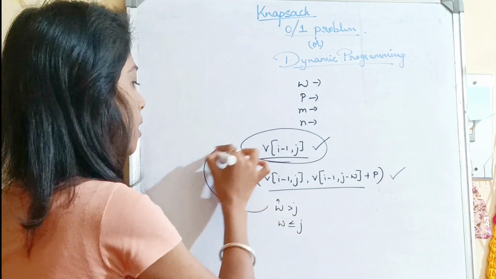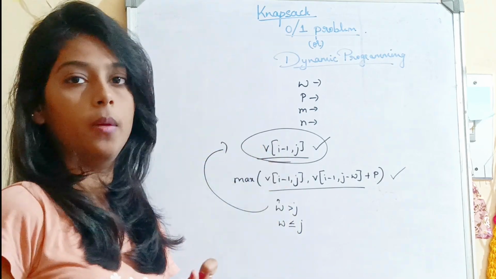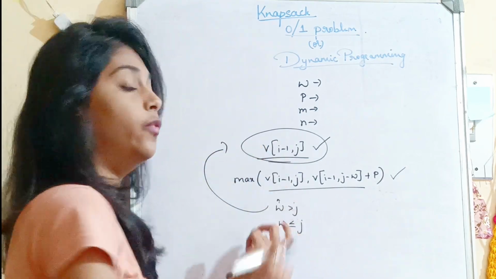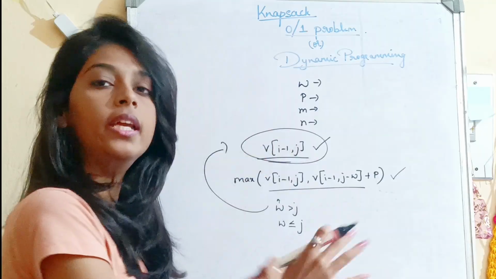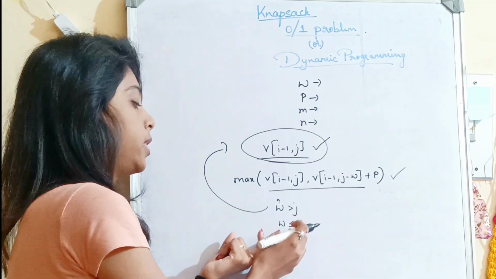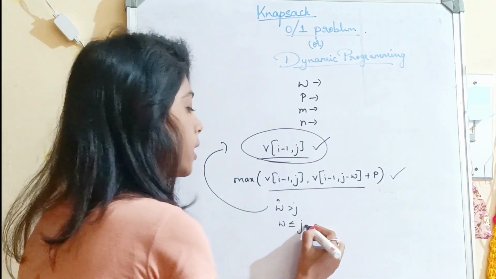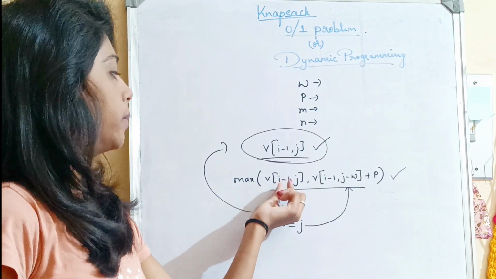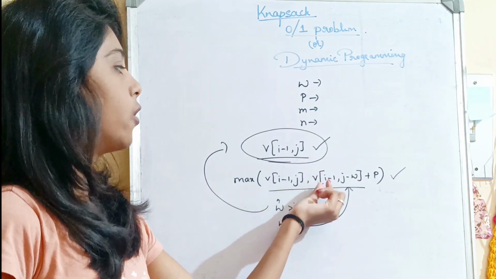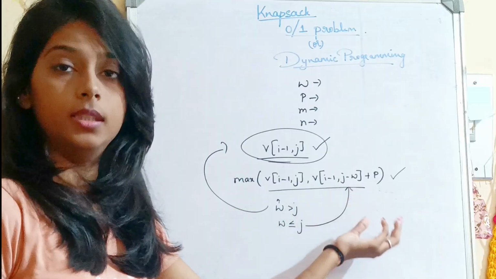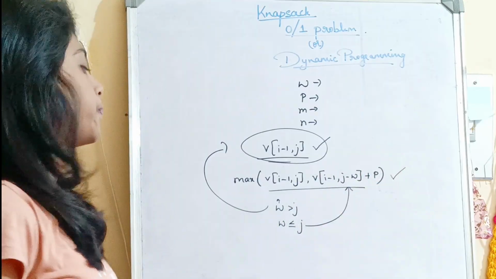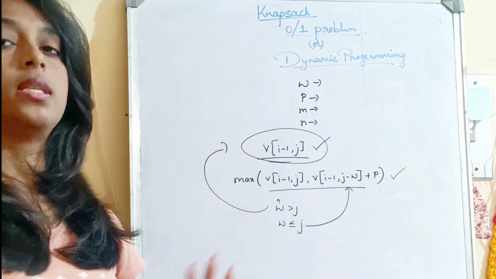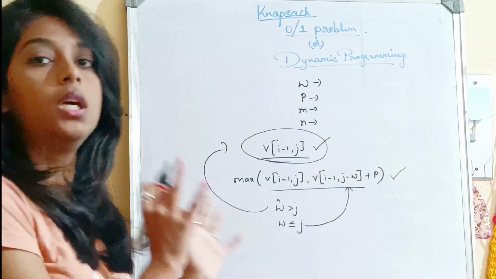If the weight is less than or equal to j, then we use the formula max of V of i minus 1 comma j, and V of i minus 1 comma j minus W, plus profit. This is the basic thing to keep in mind before solving the problem.